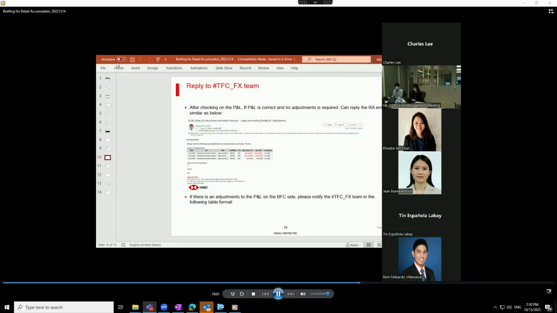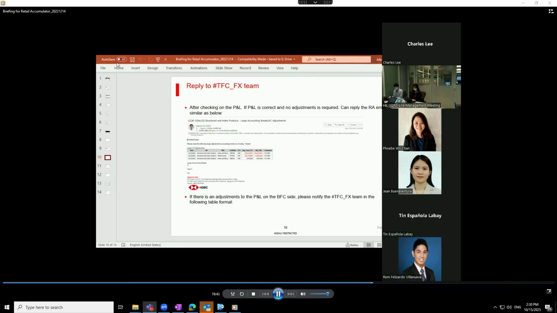So when our team sends out the notification and email to all the PC, we expect to get a reply from you guys about whether the P&L is valid or not, and we require you to respond to us in a standardized format so that we can collate and get a consolidated reply back to our trader, to advise how much P&L should be held in case there are issues.